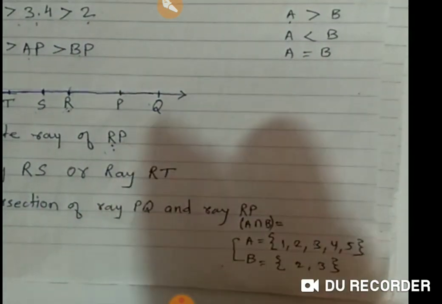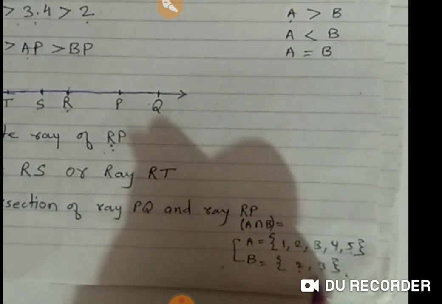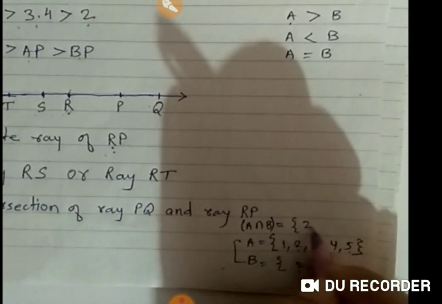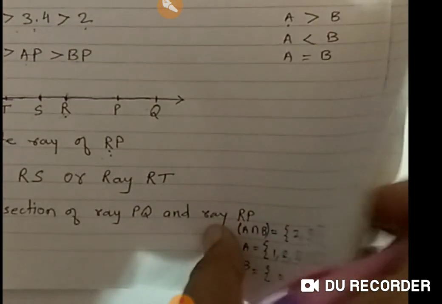So what is common in these two sets? 2 and 3. These are the common elements, right? So this set will become 2 and 3. Same way, same rule you need to apply on this question.